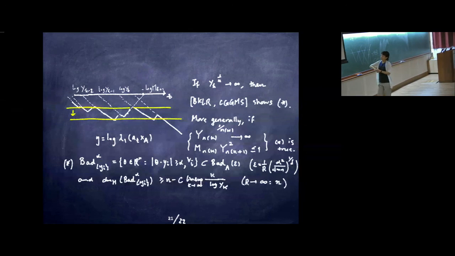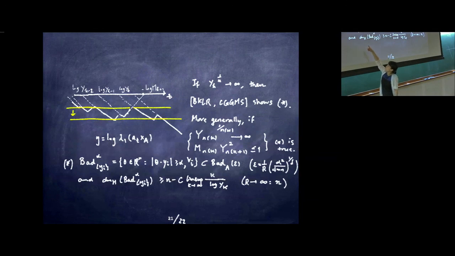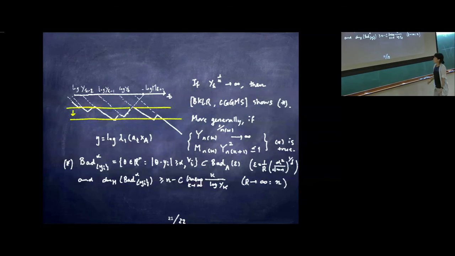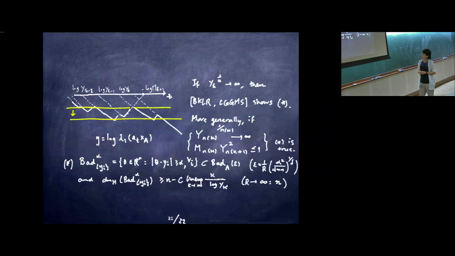So when yk to the power 1 over k goes to infinity, we can find this beta alpha set, and it has a lower bound which you can make go to full Hausdorff dimension.